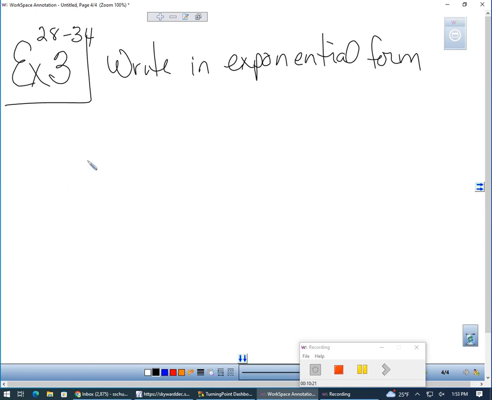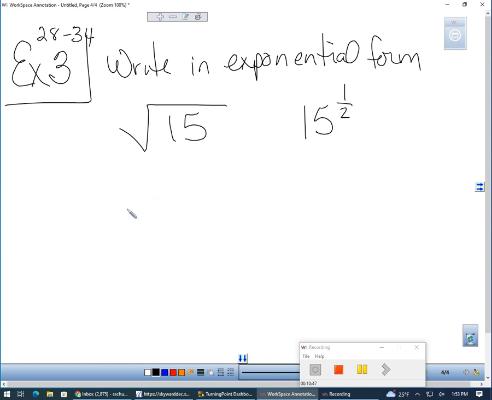Let's say I have the square root of 15. That's really easy. How can I write that with an exponent on it? Correct, 15 to the 1/2. That is 15 to the first power inside a square root.